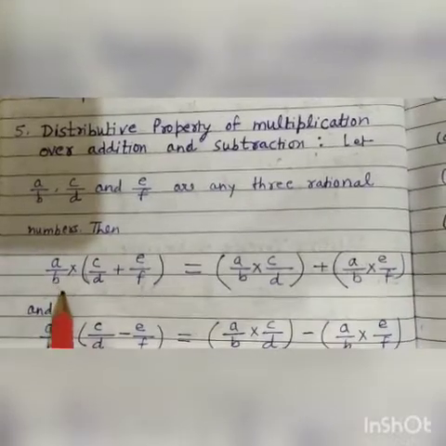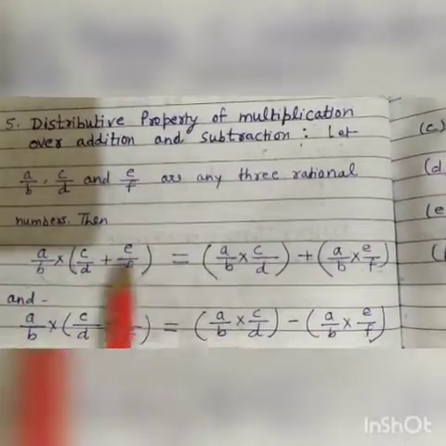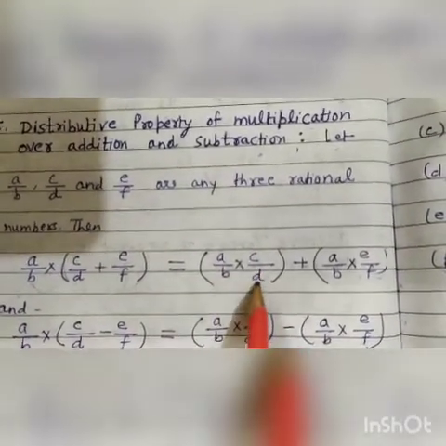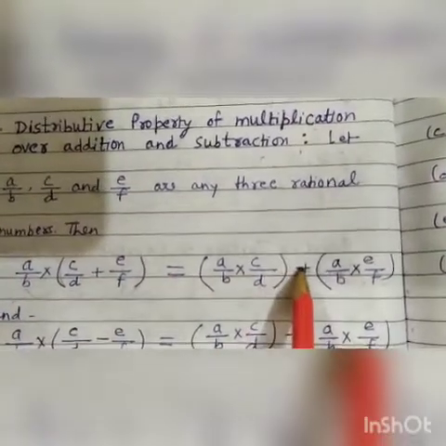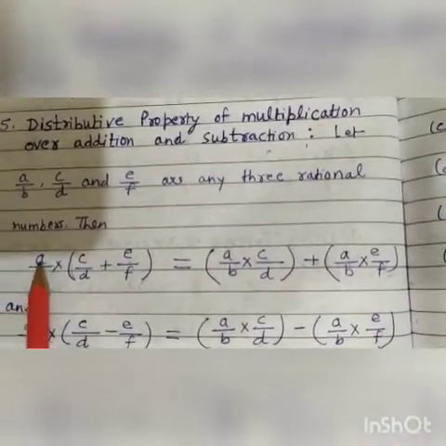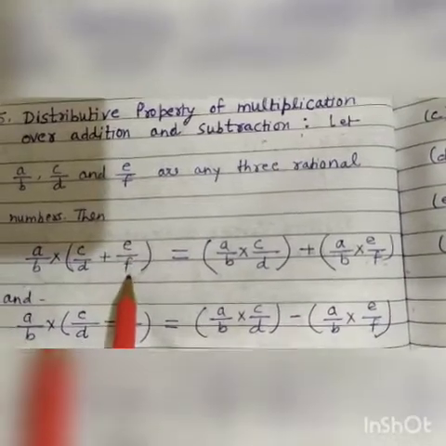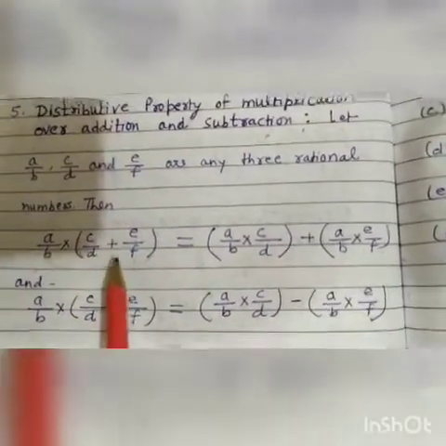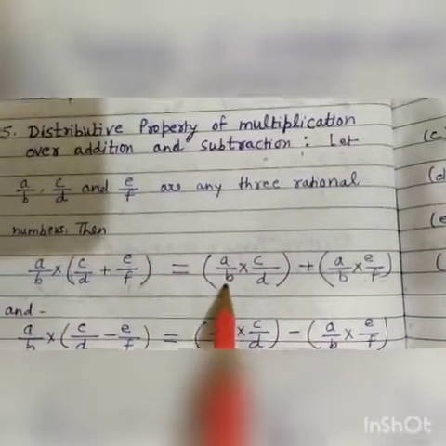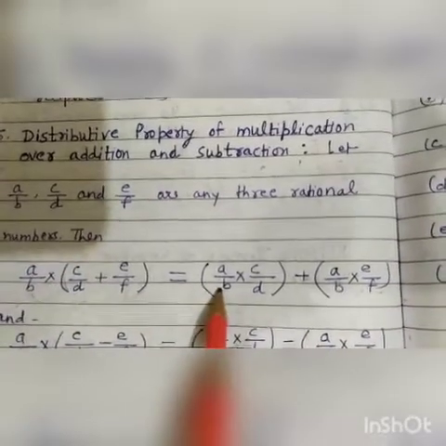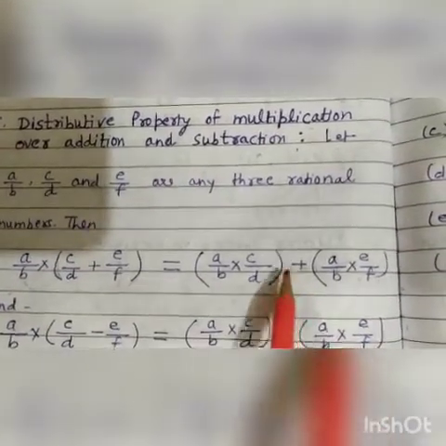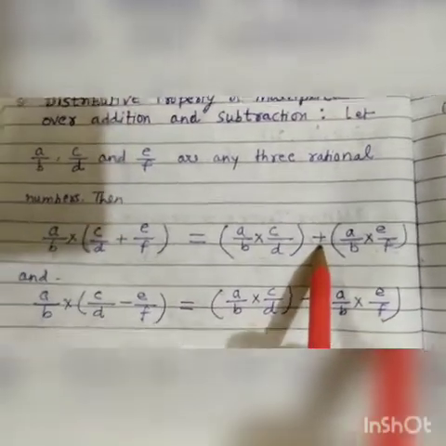First we will multiply a upon b by c upon d, then this plus sign, then a upon b will be multiplied by e upon f. This is the distributive property of multiplication over addition, because here the sign is of addition.